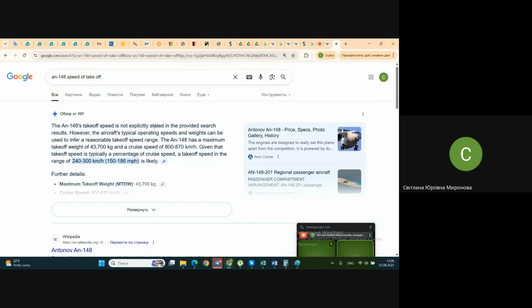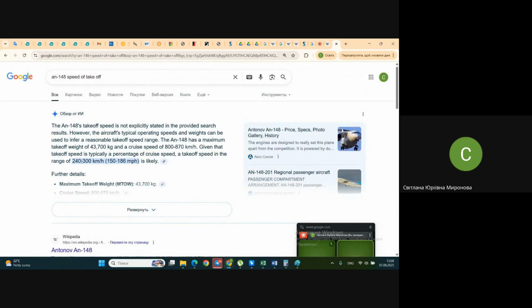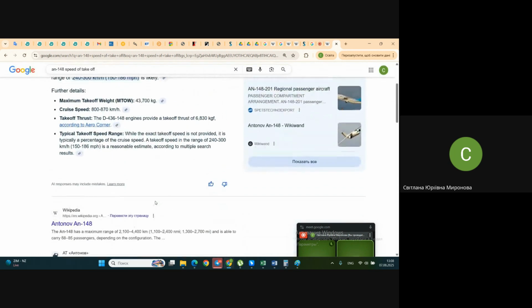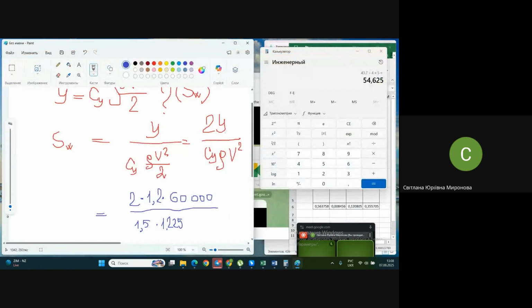Takeoff speed. It doesn't. It gives another value in my language. In English, it shows, you see, 240 kilometers per hour. Okay, let's take 240, for instance. In contrast to the speed of cruise flight, that was more than 800 kilometers per hour.